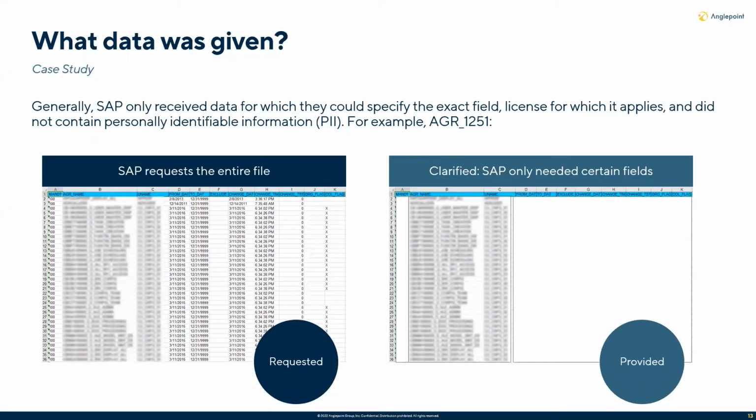And now you can understand better why we need so much time. This is just one file in one system. They requested lots of files from every single production system, and we had to do this for each and every single one of them. So we needed the time, we needed to be able to go through and review the data, make sure we redacted all of the appropriate portions of it, and then only supplied what SAP requested.